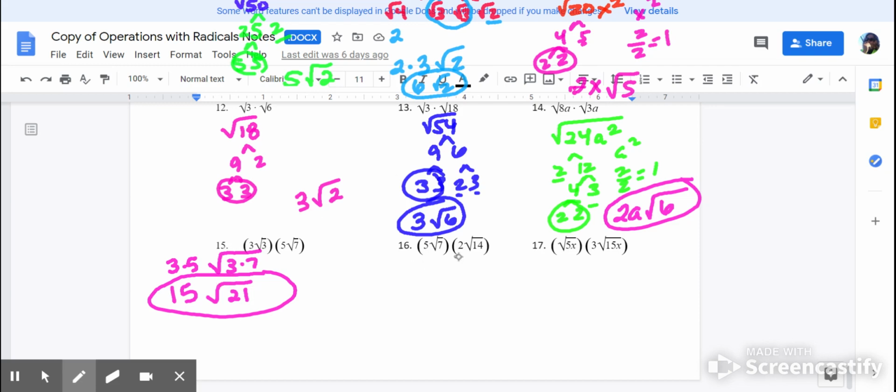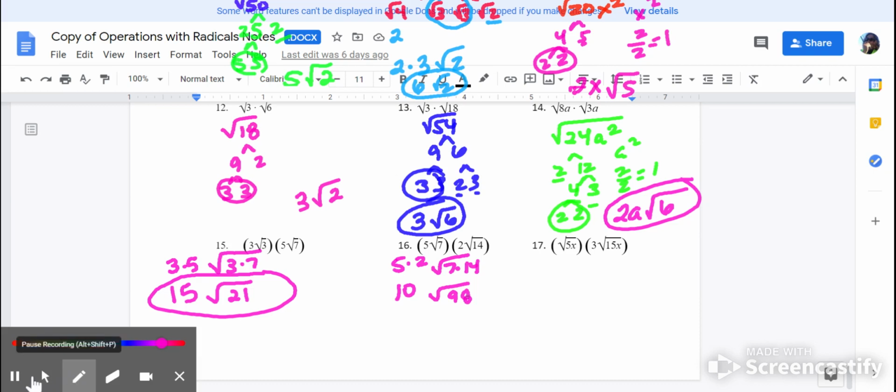For number 16, 5 times 2 on the outside, which gives me 10. And on the inside, 7 times 14, which will give me the square root of 98. Now, I need to break this down. And when I do that, 98 you can break down to 7 and 14 again.